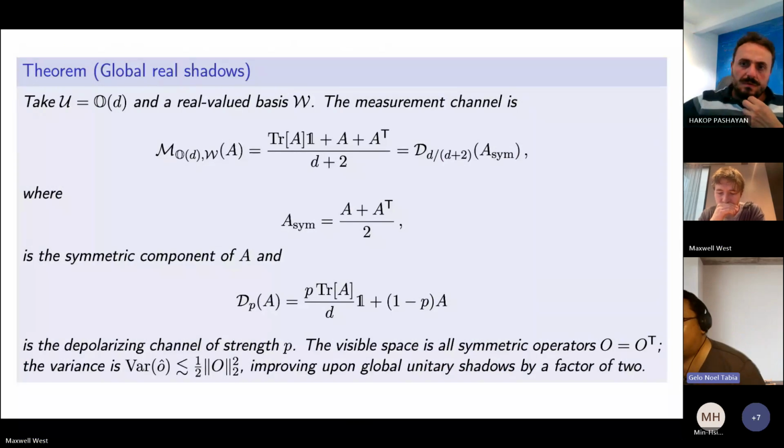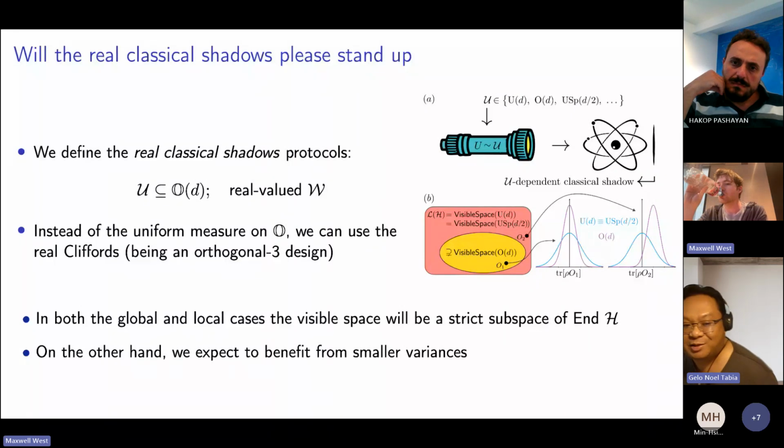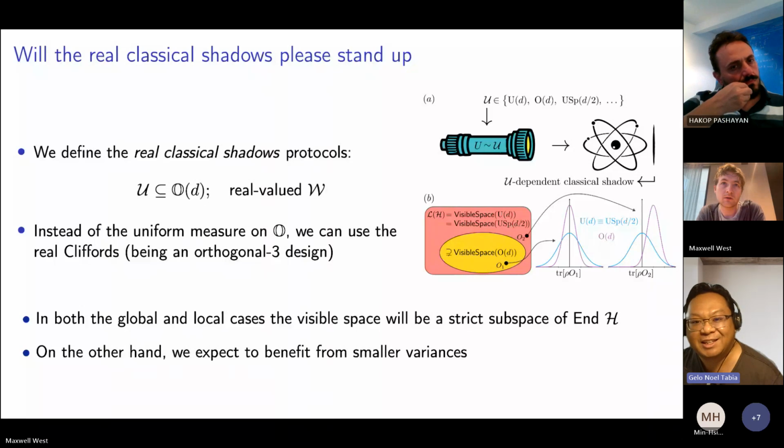Sorry, can I interrupt? Yeah, please. Just out of curiosity, this thing that you mentioned about the real Cliffords: I think Cliffords form a unitary 3-design. So does the real Cliffords being an orthogonal 3-design just follow from this property, or not exactly? I don't think so. I think it's not obvious.